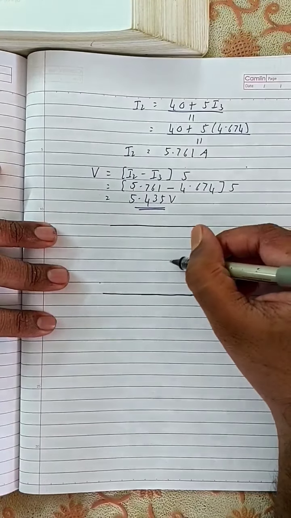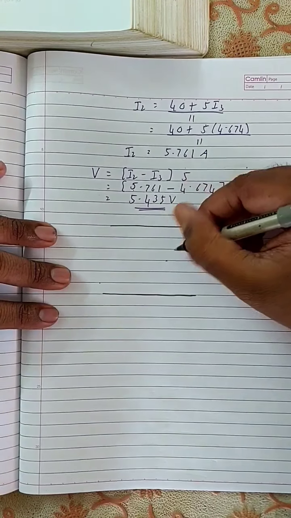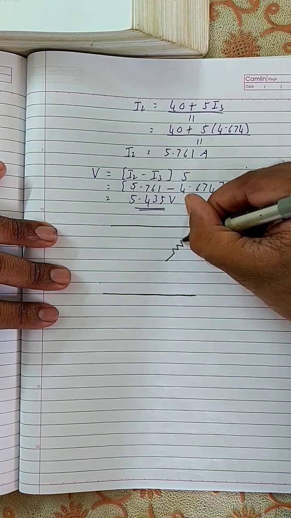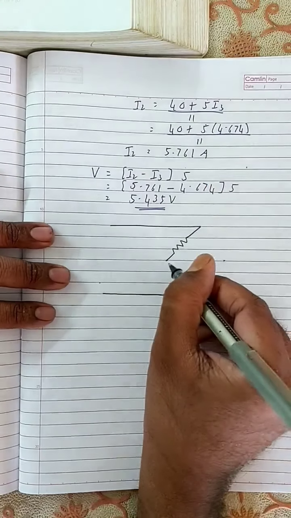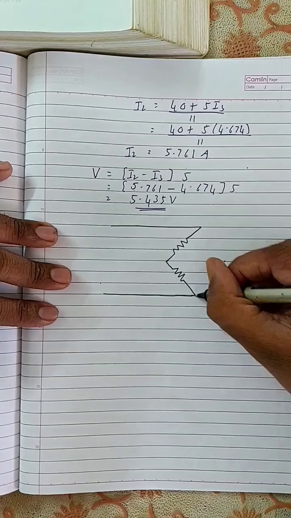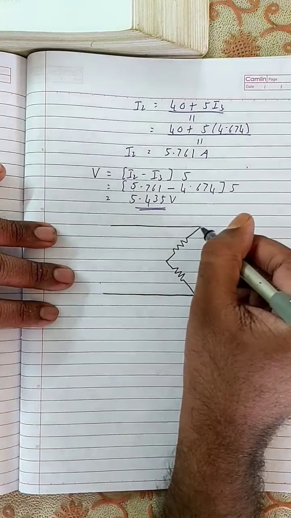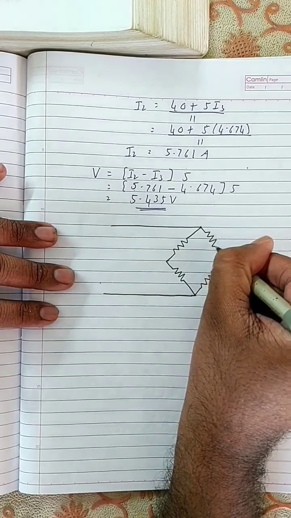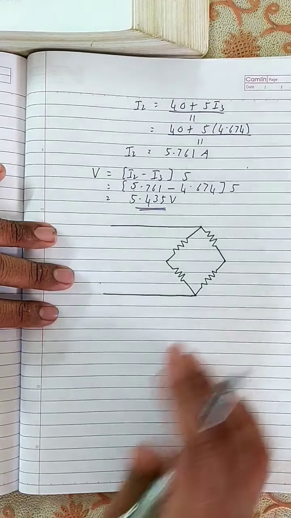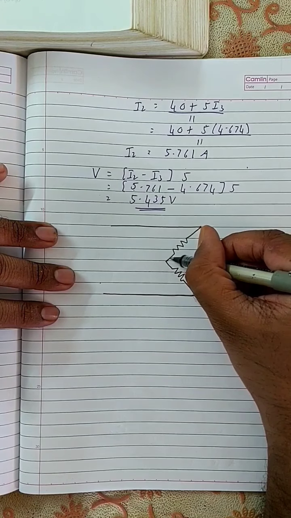To draw the Wheatstone bridge, this is one resistor over here, this is another resistor over here, and we have one more resistor also over here.